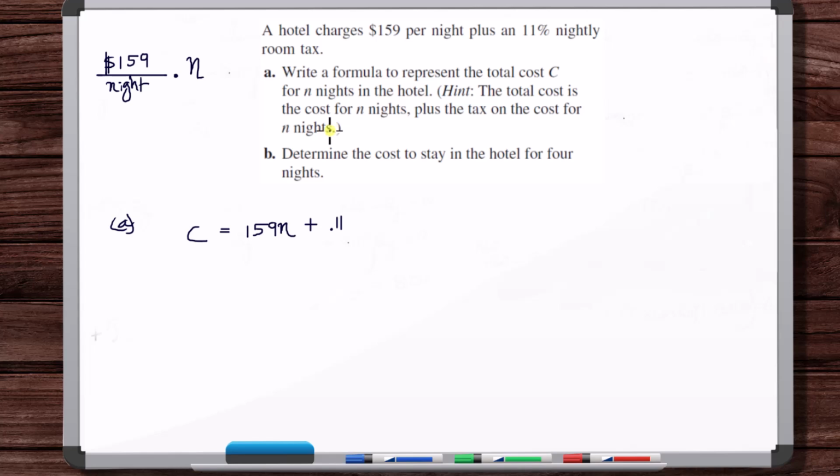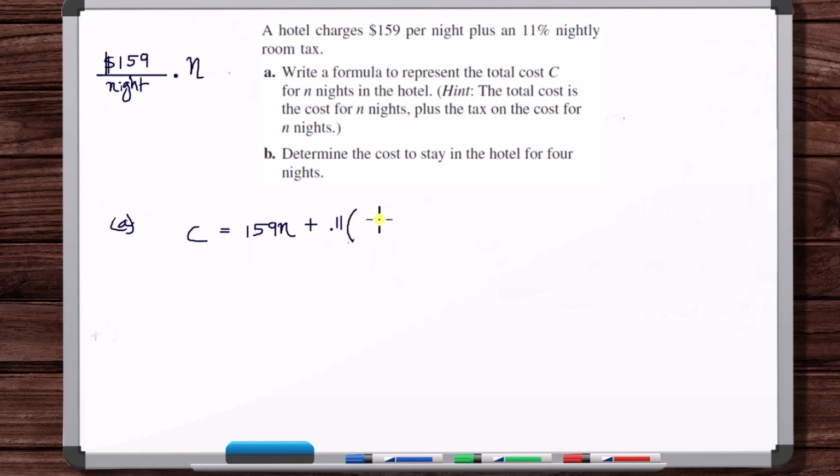So in other words, if you stay there, your total cost for N nights, you're going to pay 159 times N, and they're going to charge you a tax. They're going to take 11% of this and add that to the total cost. So 0.11, so 11%.